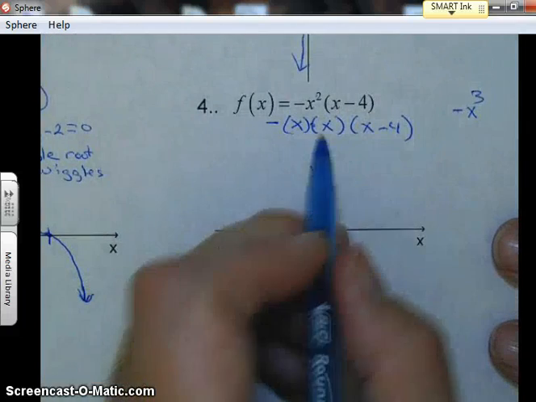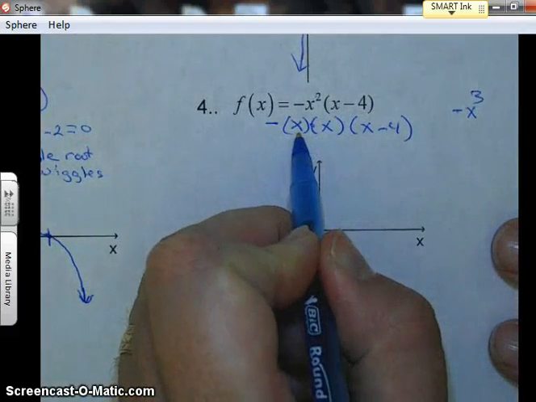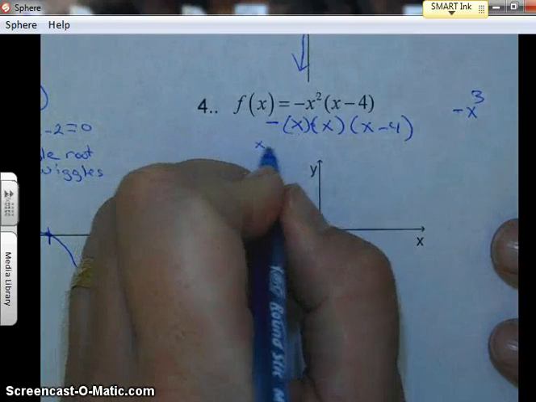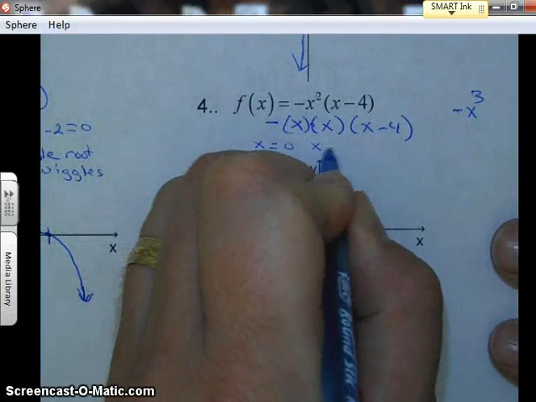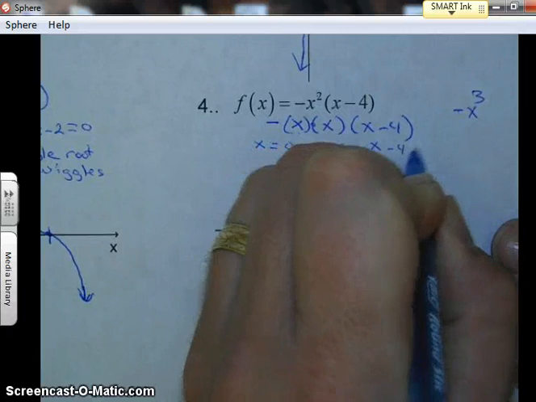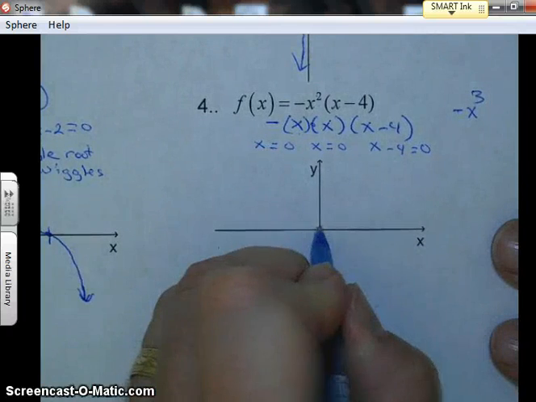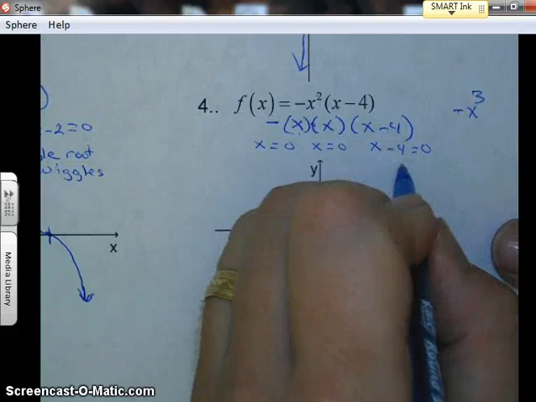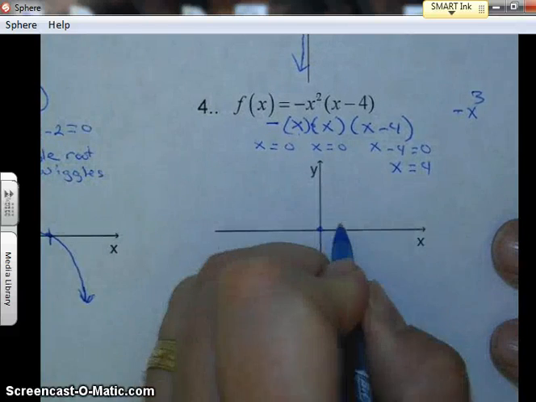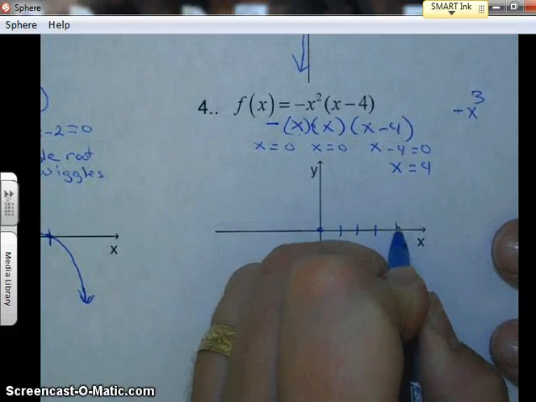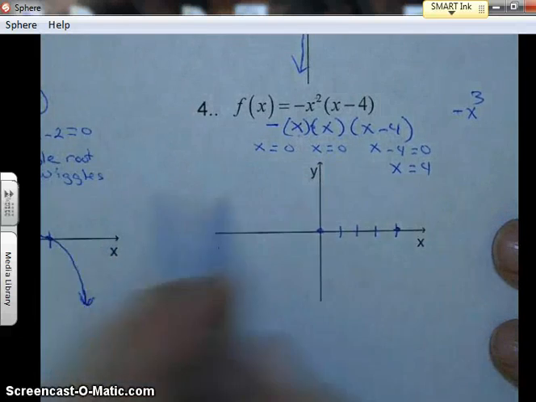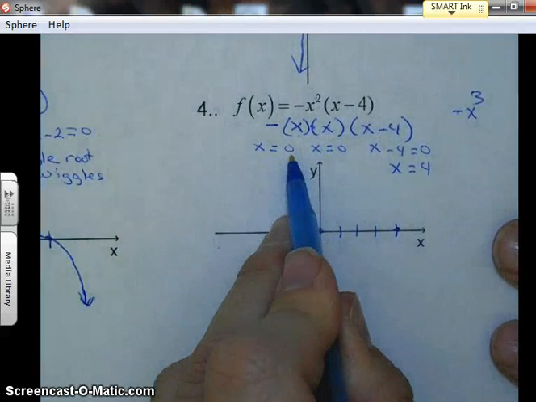This root is going to be 0 because remember we set each factor equal to 0 to get our roots. So we got a root at 0 and a root at 4. This is a double root, so remember it's going to bounce.